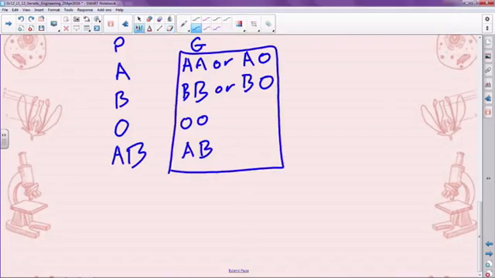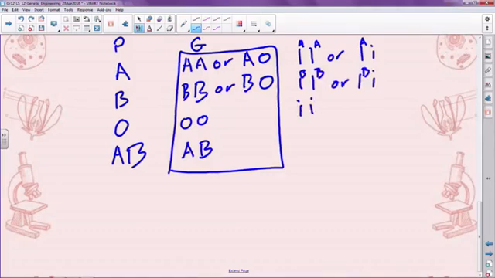Now, I like doing this, okay? But there are different ways of writing it. You'll notice that we write it like this, where you got A here and A here, okay? You've also got or, you have your big one and you have your small one. Can you see how I've done that? Or here, it's B, B, or B, O. Of course, this is O, O. See how I've done it?